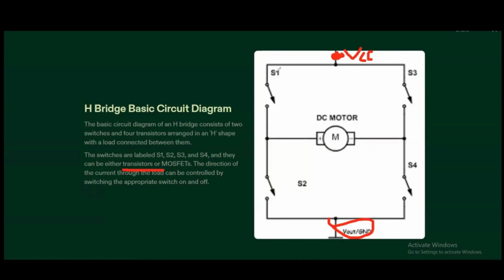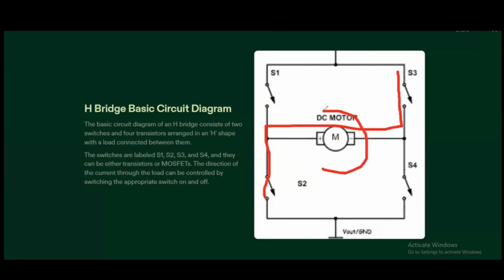We can move the current from this towards this, and then we will get the movement of the motor in one direction. Similarly, we can also make the current follow this path, which will make the motor rotate in this direction. In this way, we can control the rotation of the motor using this circuit.